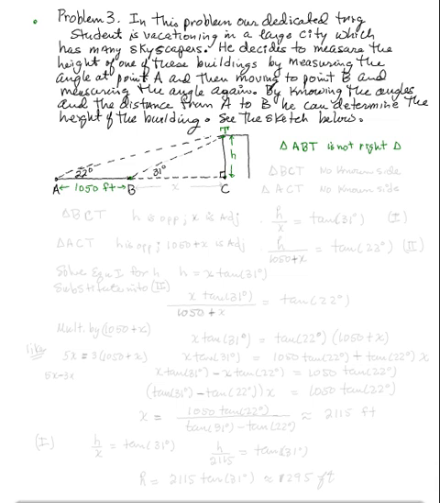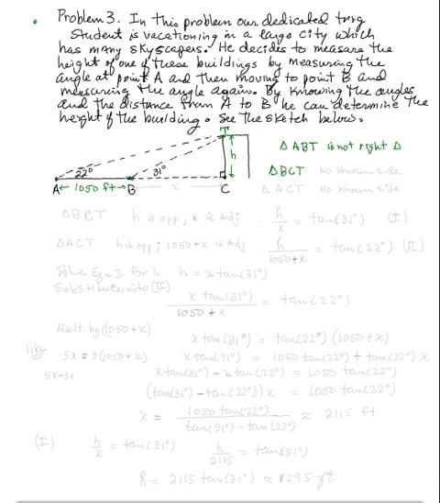And you can see two of them here. One triangle is BCT. In triangle BCT, we have a known angle, 31 degrees, and we have our unknown H side that we want. So all we need is a known side.